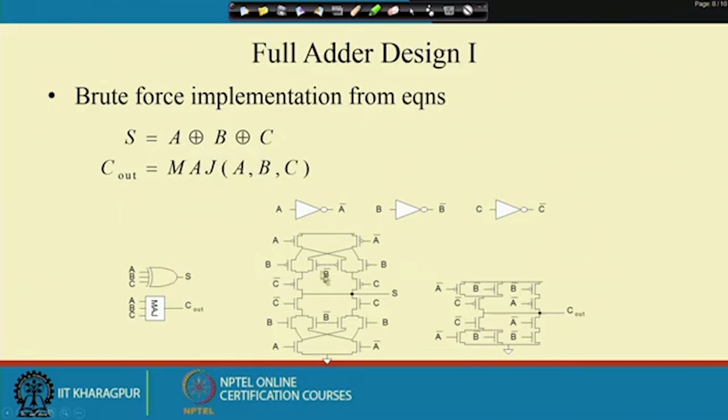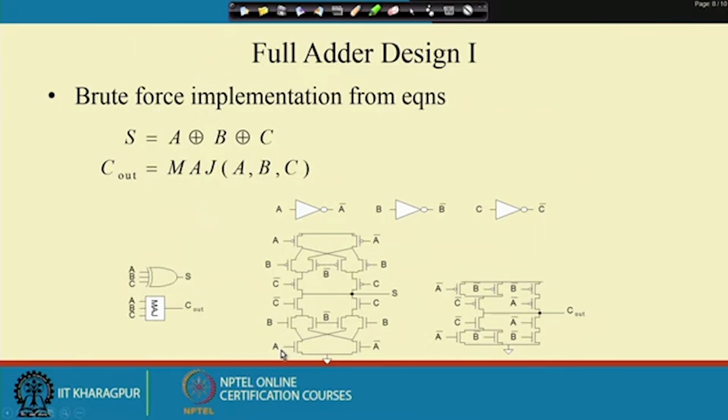But how many transistors do I require? 1, 2, 3, 4, 5, 6, 7, 8, 9, 10, 11, 12, 13, 14, 15, 16 transistors for implementing the sum, and for C out I need 10 transistors. So a total of 16 plus 10, which equals 26 transistors, is required to implement this particular full adder design.